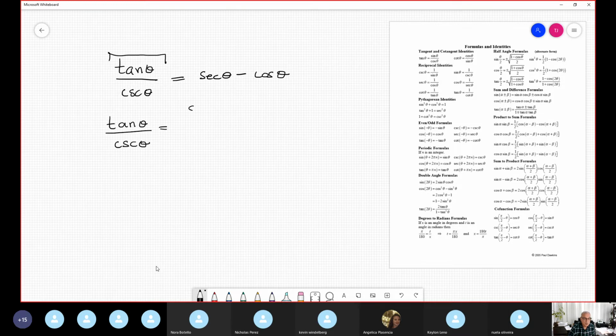Entonces tan, I know, is sine over cosine. This one. And cosecant is the reciprocal of sine.